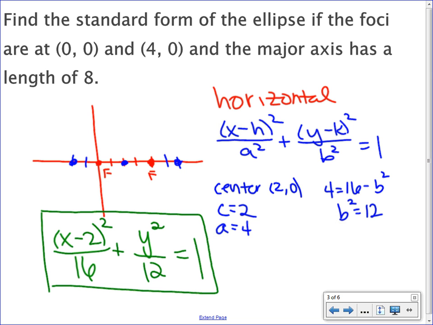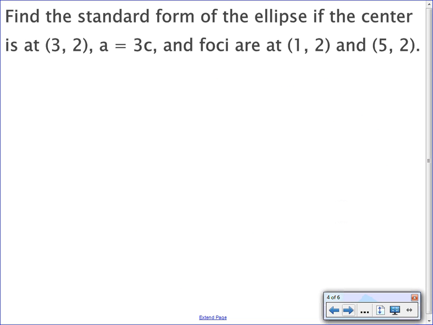Couple more. Stay with me here. Now we have an ellipse with a center of (3, 2), a equals 3c, and they give us our foci.